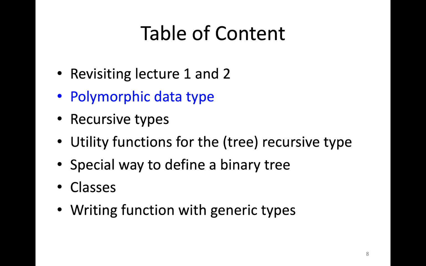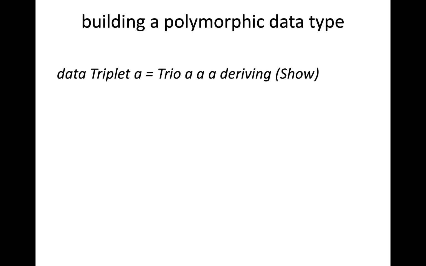Now let's define some polymorphic data type. That's a very powerful feature of Haskell, and we need to use the keyword data to do that. Now let's take an example first. We are defining a data type called Triplet that is associated with a generic type a.